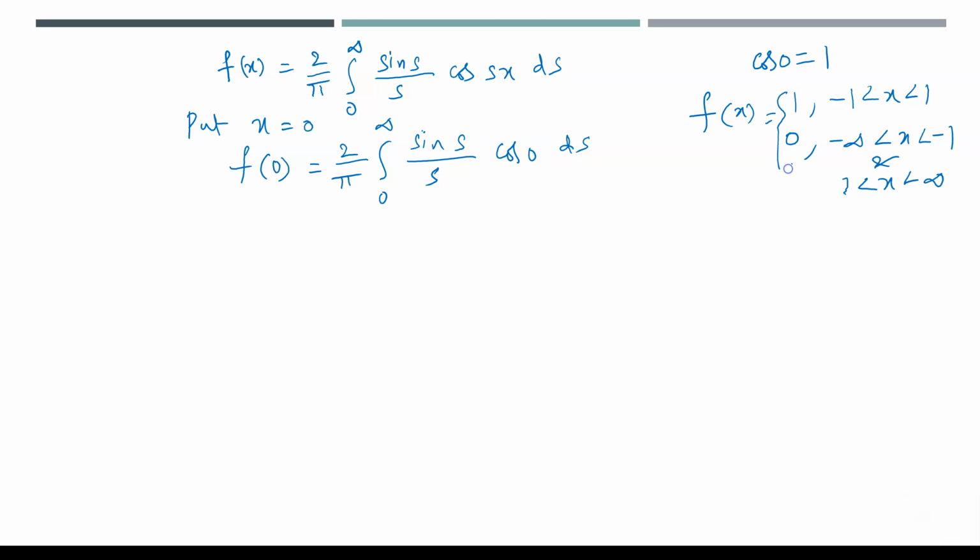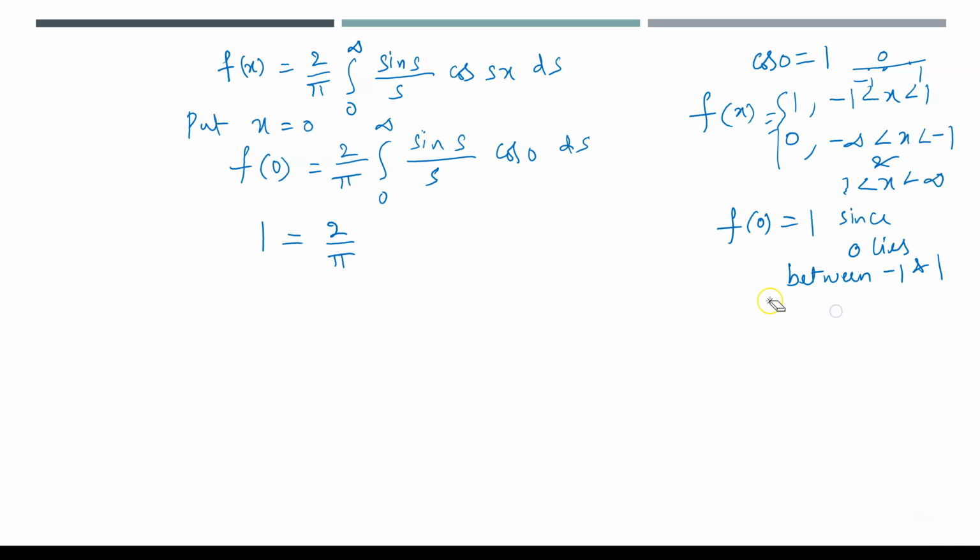So here 0 lies between minus 1 and 1, so at 0 the value of f(x) is 1. Here f(0) equals 1, since 0 lies between minus 1 and 1. So 1 equals 2 by pi, and the value of cos 0 is also 1.